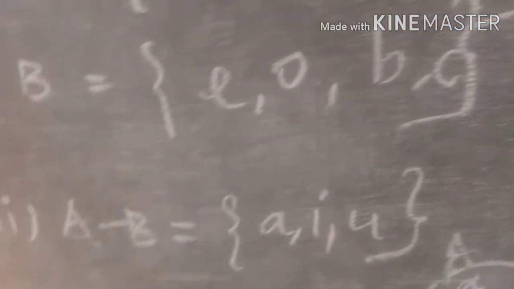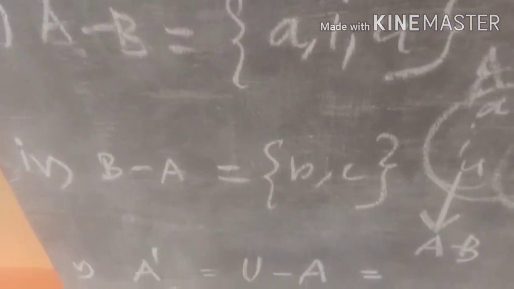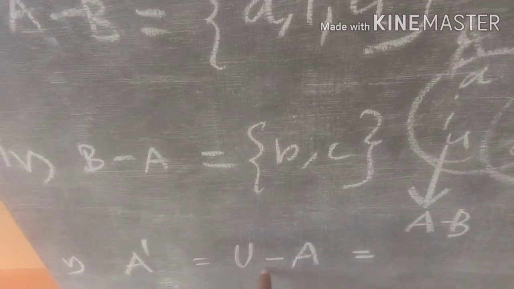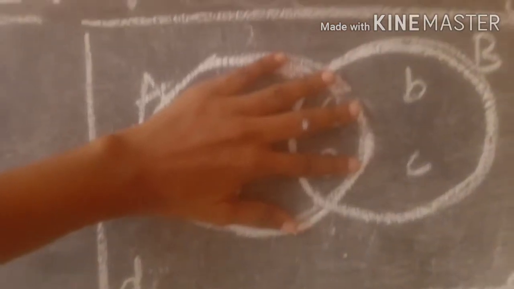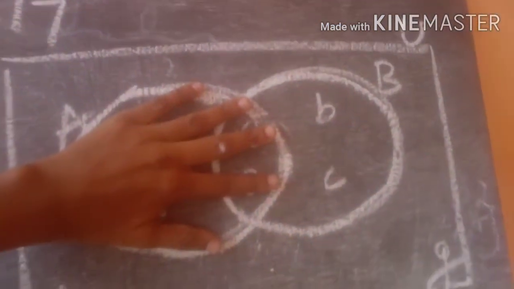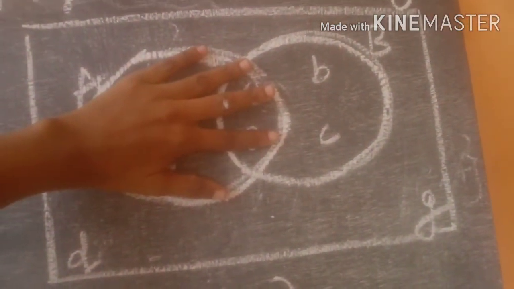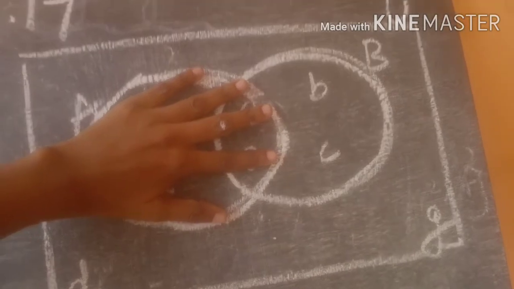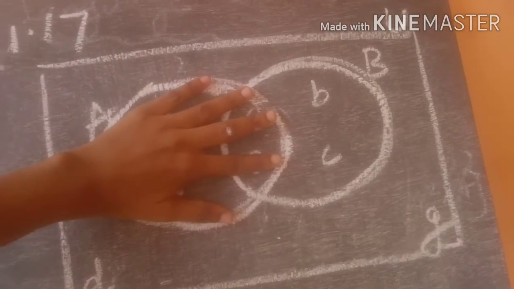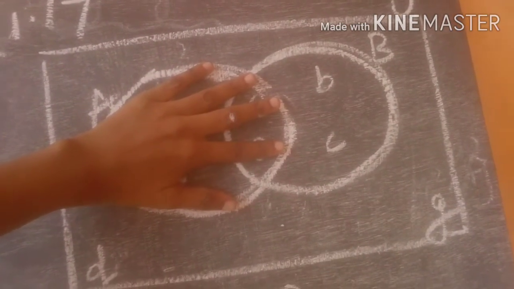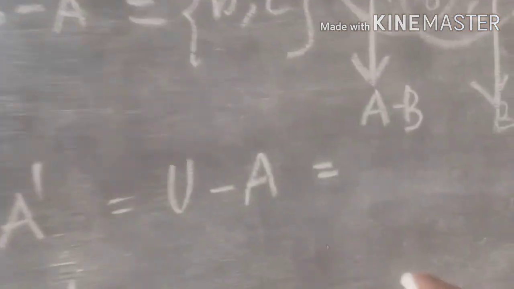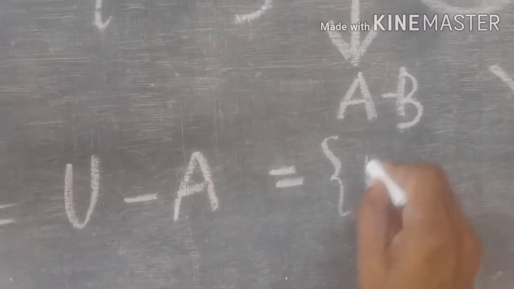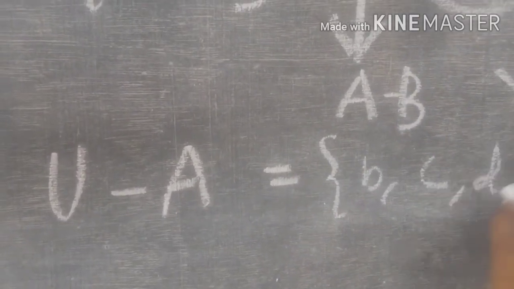So A dash means universal set minus A. So you have to hold the A set only. What are the remaining elements of U? The answer is B, C, D, G.